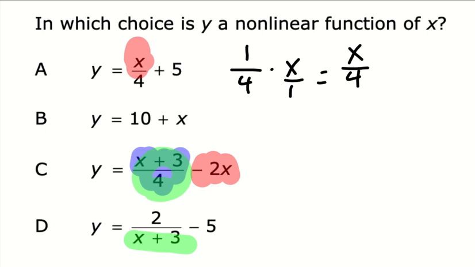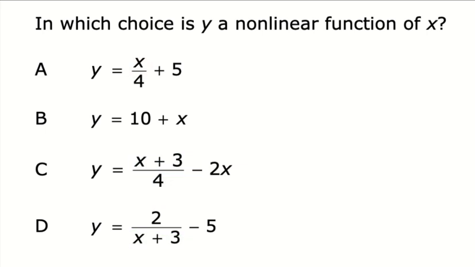Those kind of count as exponents, okay? Any questions on that? X on top of a fraction, that's fine. X on the bottom, that's when it gets to be nonlinear. All right? If you had Desmos, you can always put each one of those in, but this stuff's usually on the inactive.